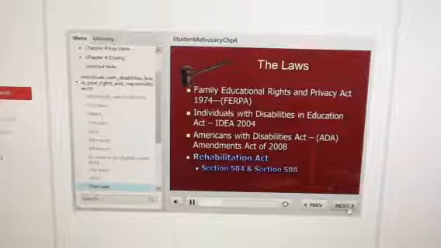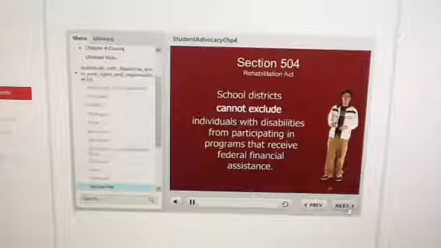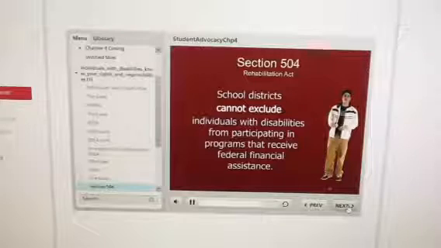Rehabilitation Act, Section 504 and Section 508. Section 504: school districts cannot exclude individuals with disabilities from participating in programs that receive federal financial assistance.